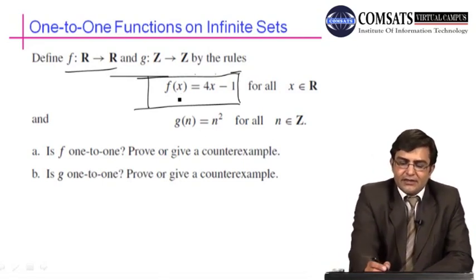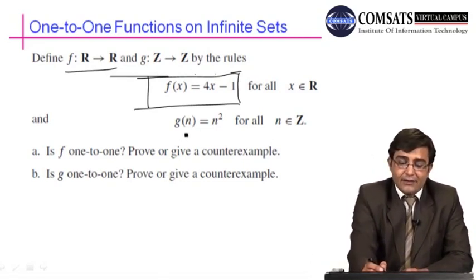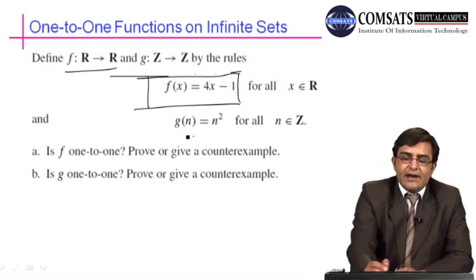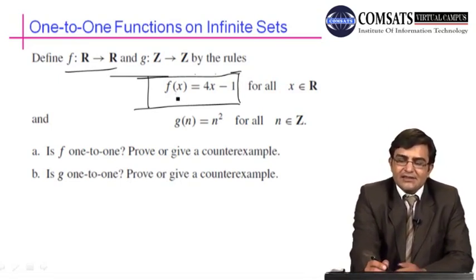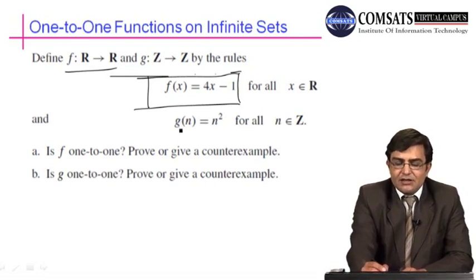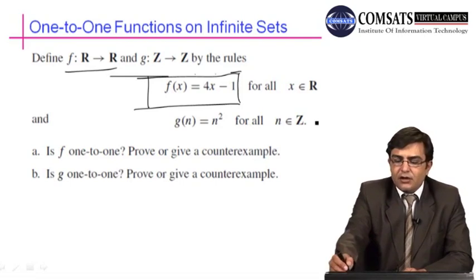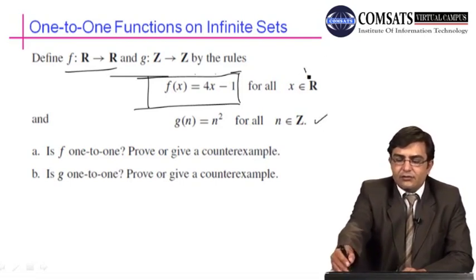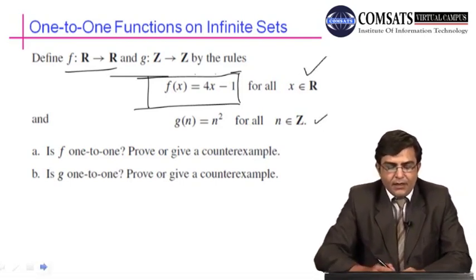Here we cannot write x, because the usual notation for integers is n and the usual notation for real numbers is x. So we define G of n equal to n squared, for all n belonging to Z, and f for all x belonging to R.